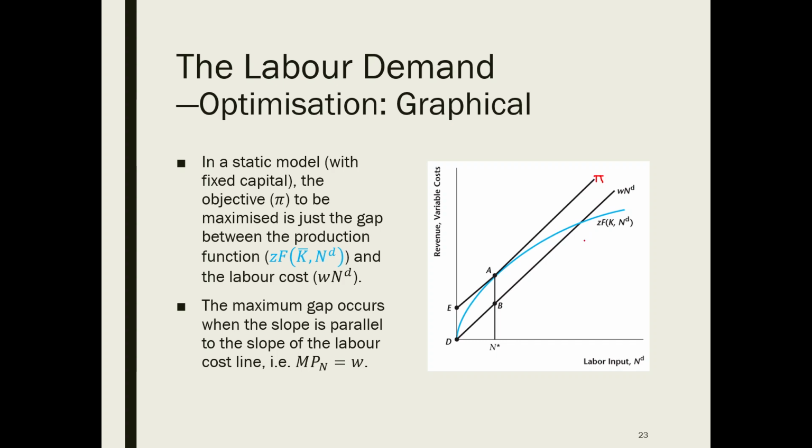It is written as a function of Y in terms of N because the production function is also a function of Y in terms of N. The constraint is the production function with fixed capital, which is a concave curve. The maximum profit occurs when the two are tangent. The optimal condition is therefore marginal product of labor equals wage, the slope of the profit function.